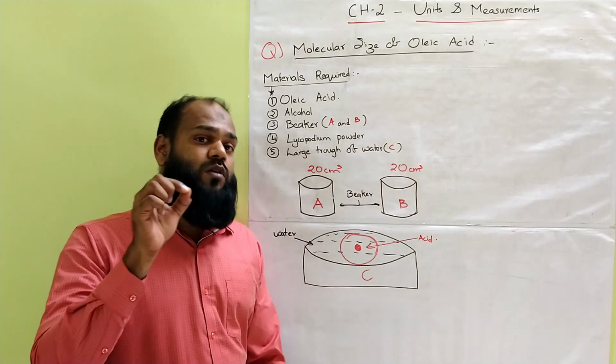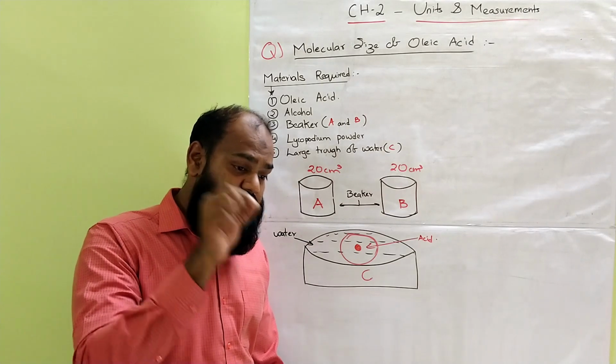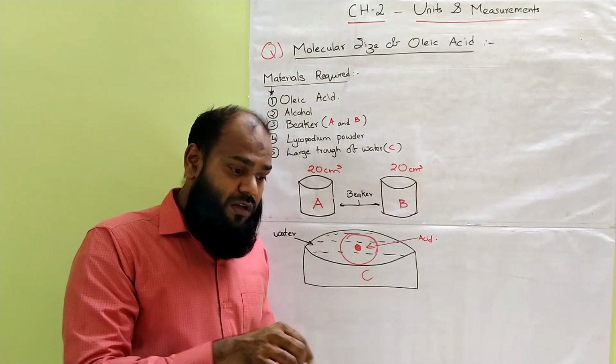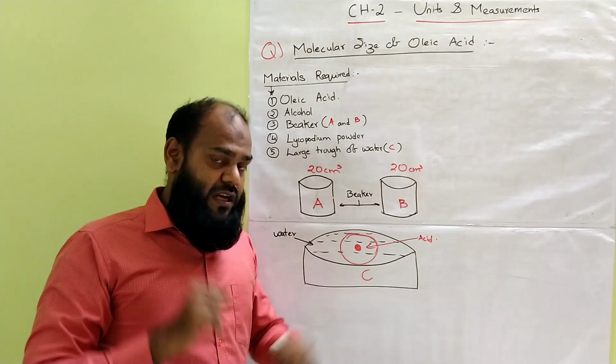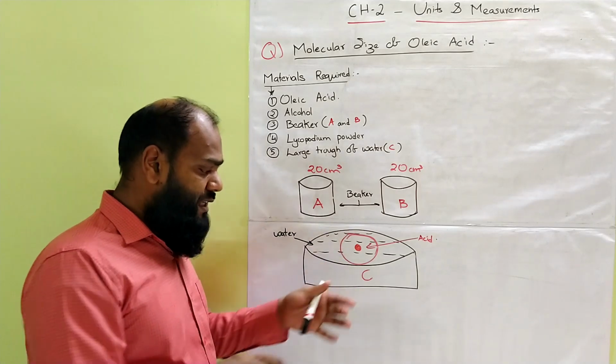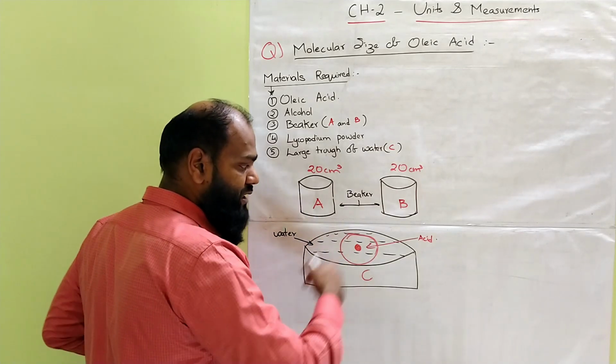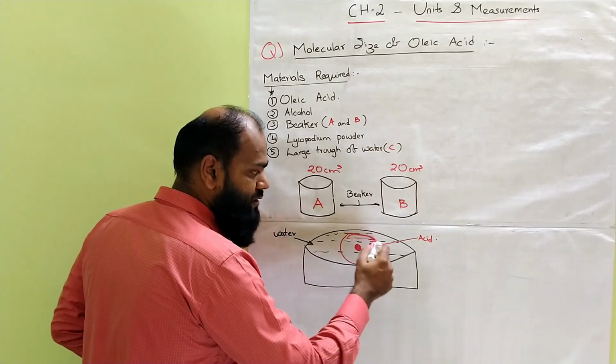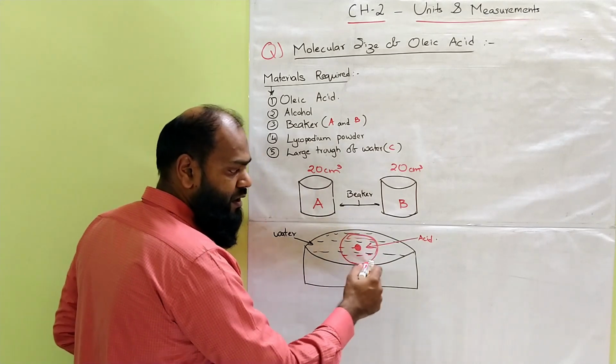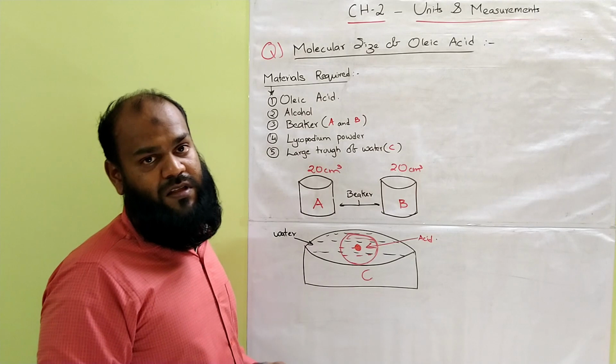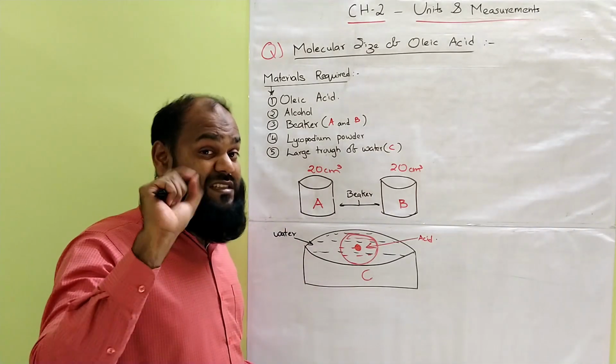What happens if I drop a drop of the solution on the surface of the water? The solution starts to spread immediately. So you can see the droplet has increased, and it has acquired a surface area which is similar to a circle, and it is of some specific thickness T.